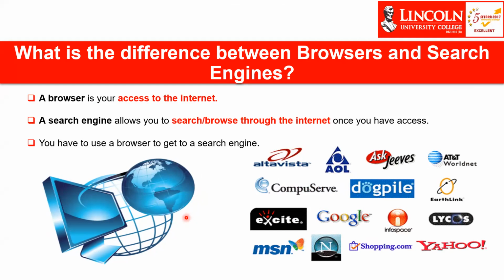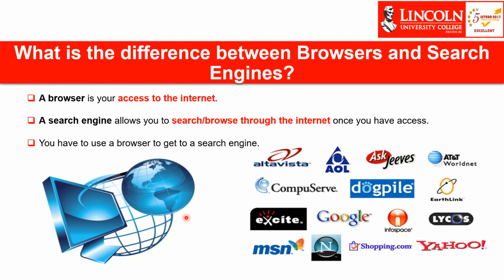So a browser is your access to the internet. Without the browser, you cannot use your search engine, because it's after you open the browser that you open the search engine, you navigate to the interface of the search engine. Then from there, you can search for whatever information you want. So you have to use a browser to get to a search engine.